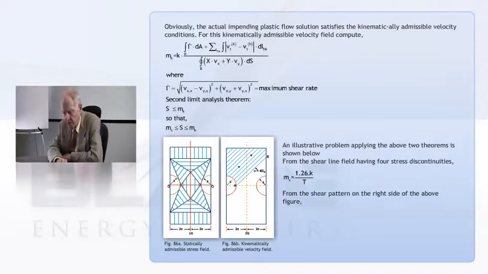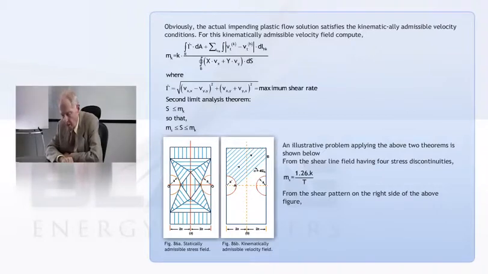And the bar has two semicircular grooves in it. The width of the bar is 4a, and the radii on these notches is a. So it's a reduction of half of the cross section at the smallest cross section.